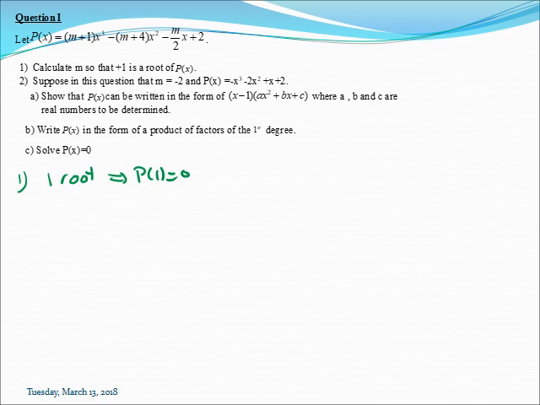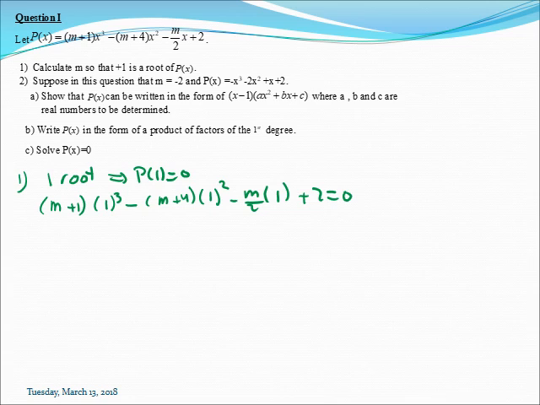So substitute x equal 1 in p of x. M plus 1 times 1 cube, minus m plus 4 times 1 square, minus m over 2 times 1, plus 2 equals 0.